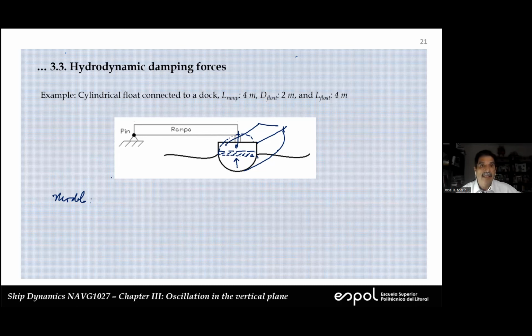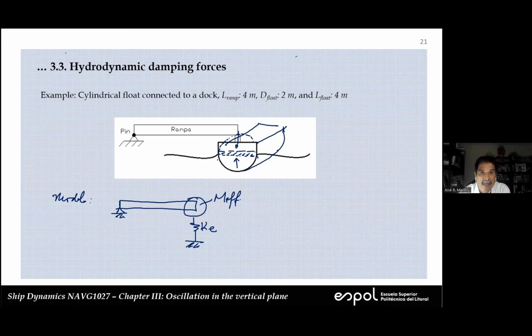We can neglect everything else, so we can say that this is this. Here we have a mass, and here we have a spring. So that's K, this mass. The spring will represent the hydrostatic effect. And the mass here, we have to call it an effective mass.